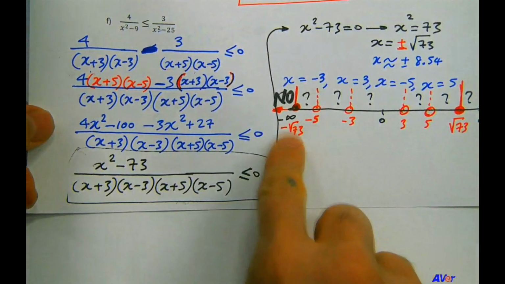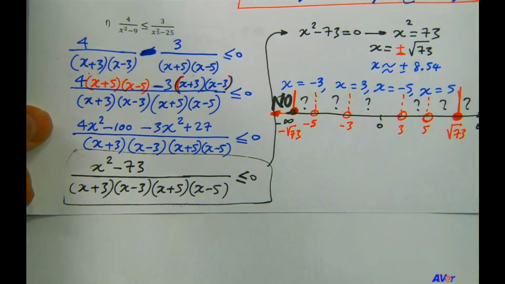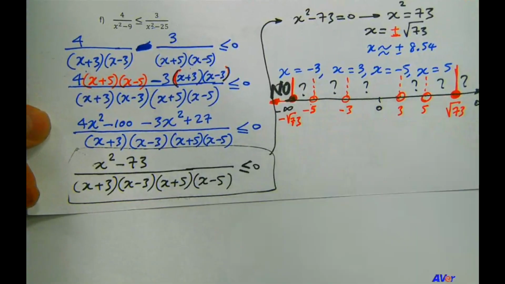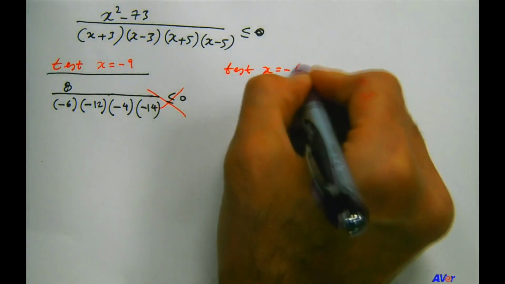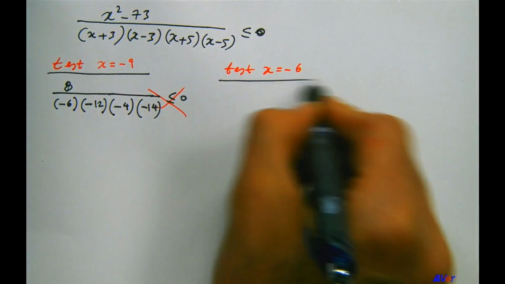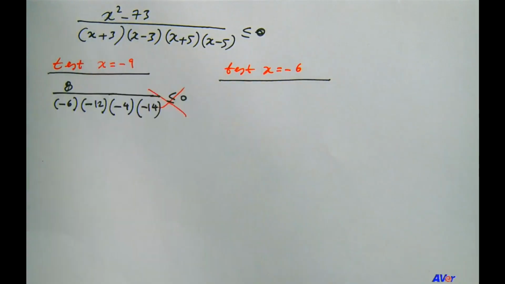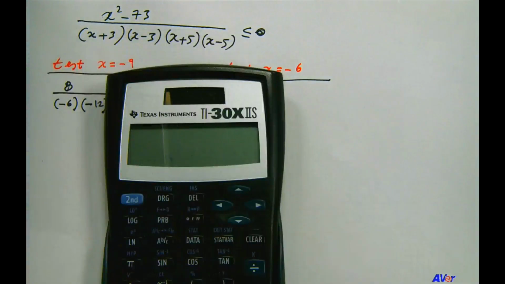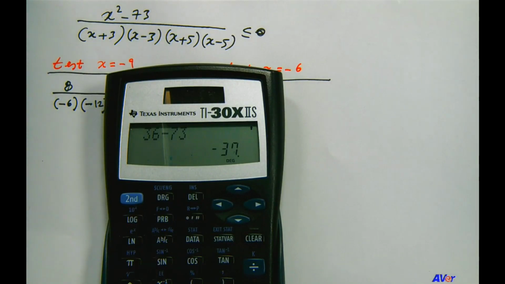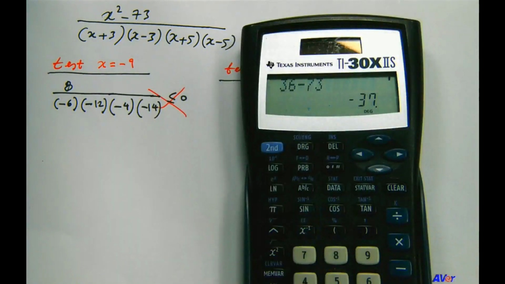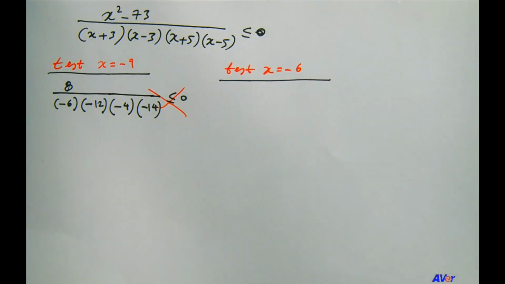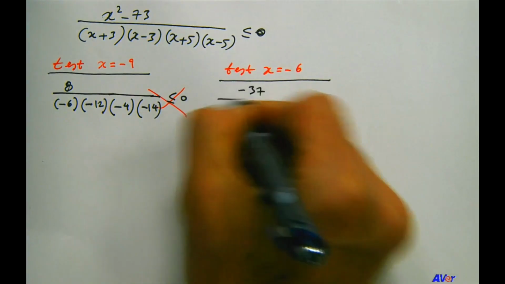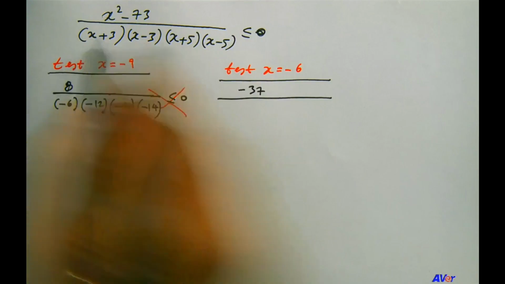Now let's check a number between negative 8.54 and negative 5. So negative 6. Test x equals negative 6. Negative 6 squared is 36, and then 36 minus 73 is minus 37, divided by, plug in negative 6 in each of these.